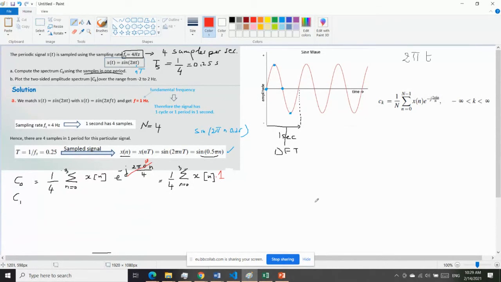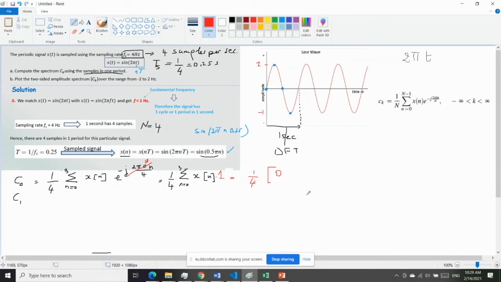So basically the first value, C0, as you can see, is just the average of all the x's, the average only. So we sum the values and multiply by 1 over 4. What are the values? x0 is 0, the first value here. x1 is 1. Here is x1, 1, and here minus 1.